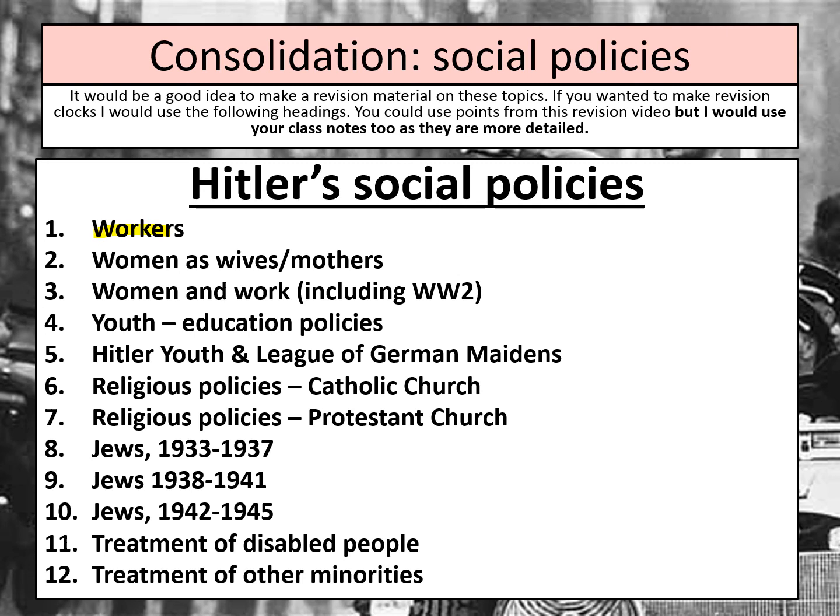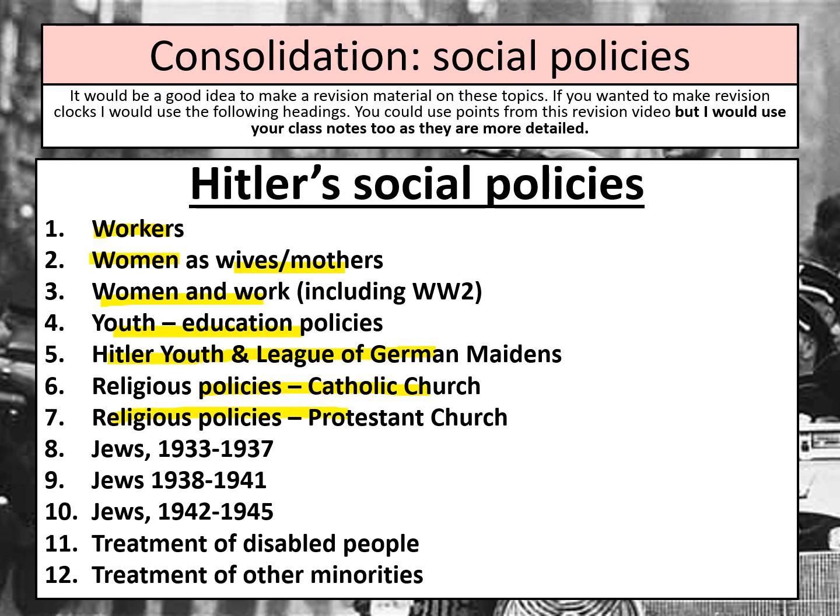Women, personally, I would divide this into two areas so that you can think about their policies towards work and also wives and mothers. For youth, I'd think about education policies first, and then I'd do a separate section on how they control them outside of education. For religion, you could break it down into those two defined areas as well.